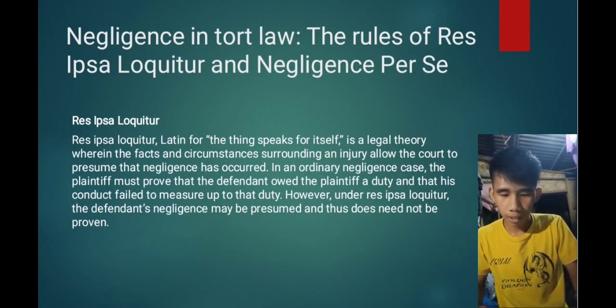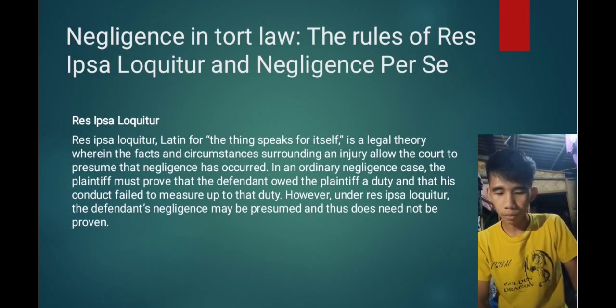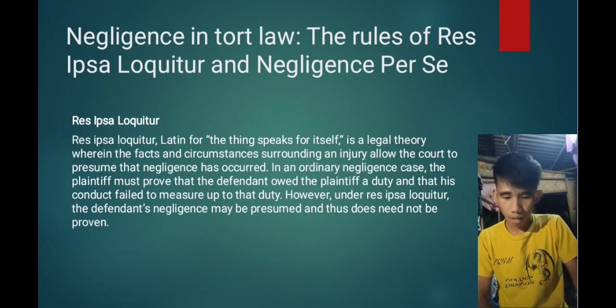In an ordinary negligence case, the plaintiff must prove that the defendant owed the plaintiff a duty and that his conduct failed to measure up to that duty. However, under res ipsa loquitur, the defendant's negligence may be presumed and does not need to be proven.